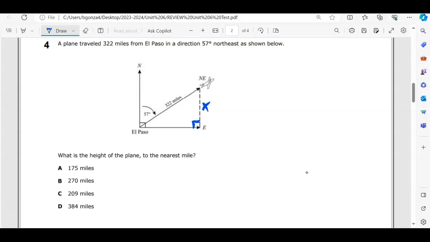So I need to figure out this angle using 57 and the fact that together they make 90. So all I've got to do is find the complement by doing 90 minus 57, and I get 33.